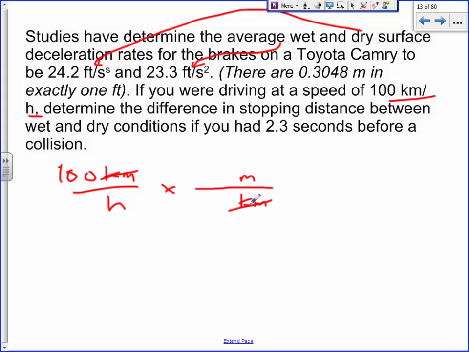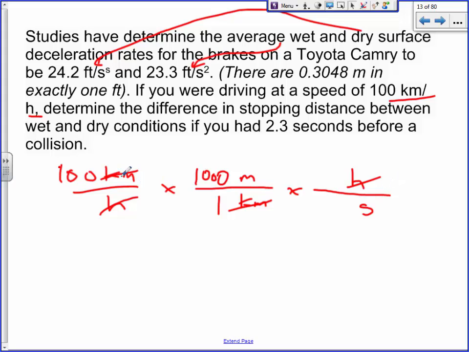So then how many meters are in a kilometer? There are 1,000 meters in 1 kilometer. Okay, but now I've got this hours unit. I don't want hours. What's the typical unit we use instead? Seconds, yeah. So if I want to get rid of the hour symbol, see how the hours one is on the bottom of the fraction? I'm going to have to put another hours one on top and put seconds on the bottom to cancel those out.